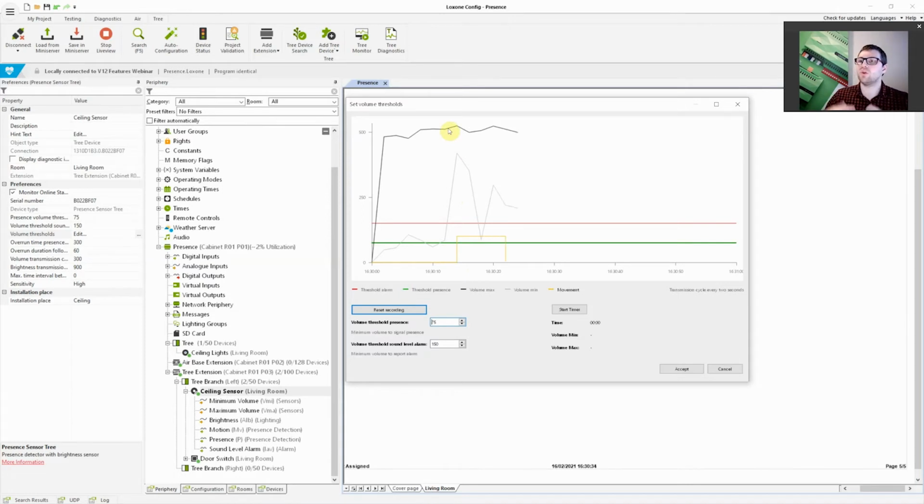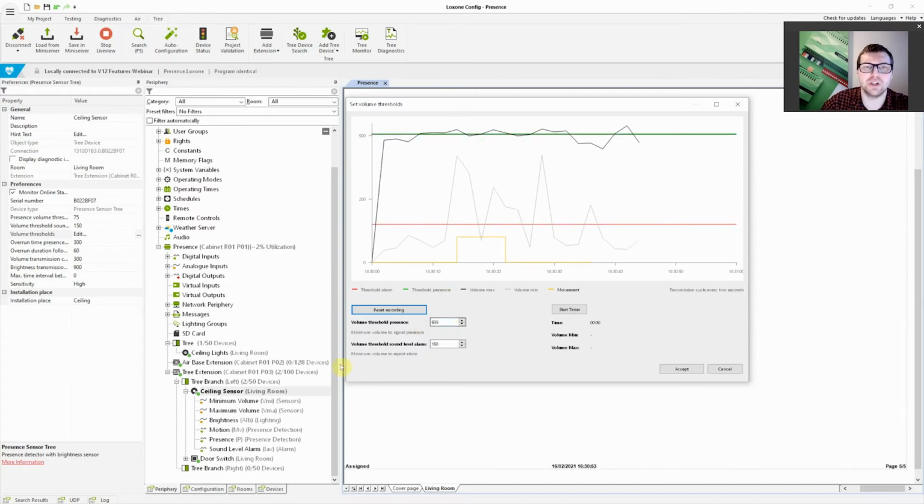So if this were my normal day-to-day noise that I was making in my office space, what I would do is aim to have my presence threshold peaking every few seconds from my normal background noise. So I would have it maybe around there, maybe even a touch higher, so that it's just peaking, as you can see, every few seconds.